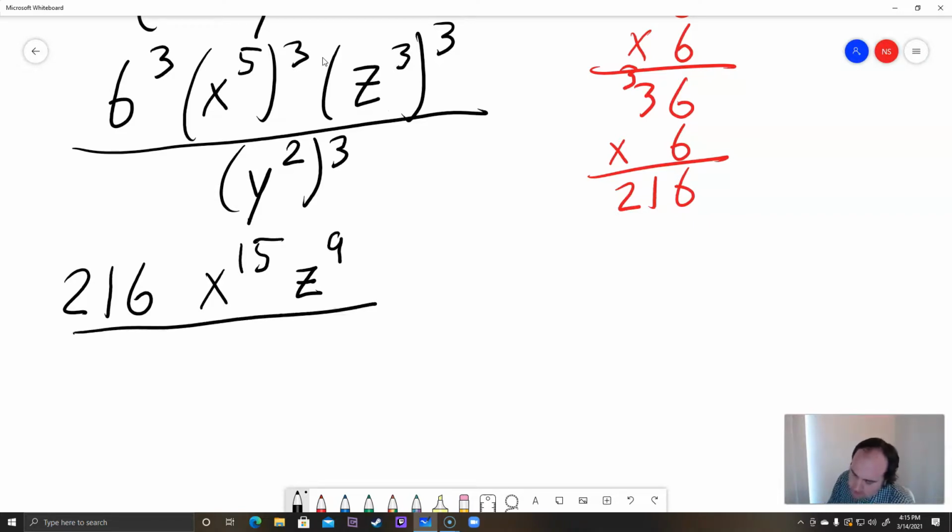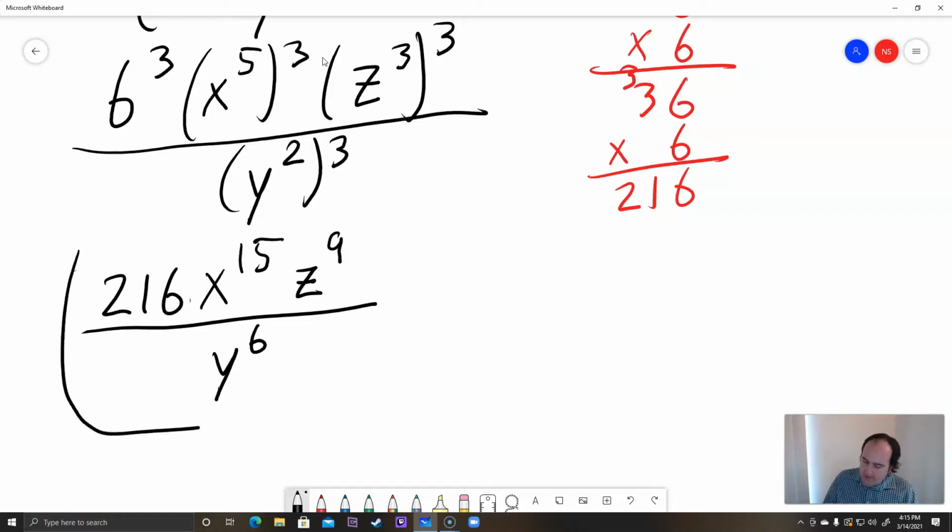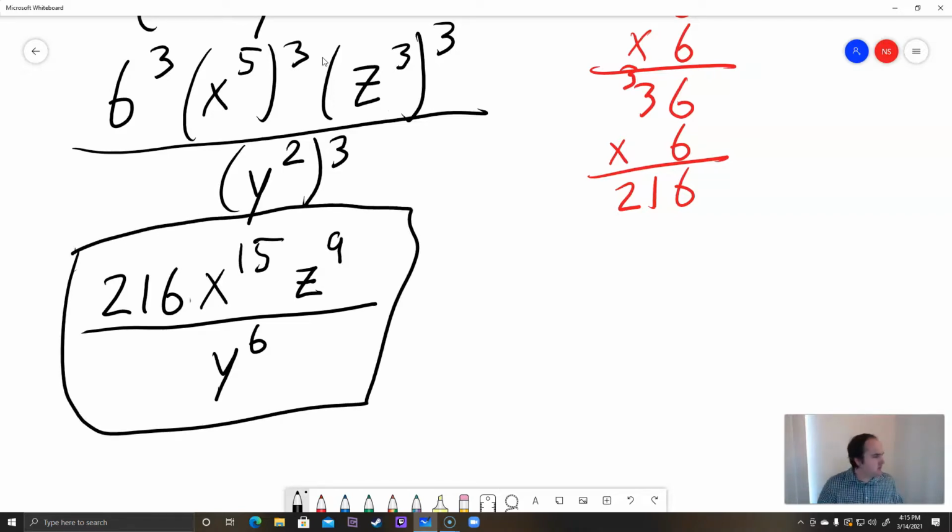Okay, and then on the bottom, y to the 2 times 3 is y to the 6. Okay, so in the numerator we have 216 x to the 15, z to the 9. And then in the denominator, we actually have y to the 6. Hey, what do you know? That's what they got on my math lab as well, so we did it right.